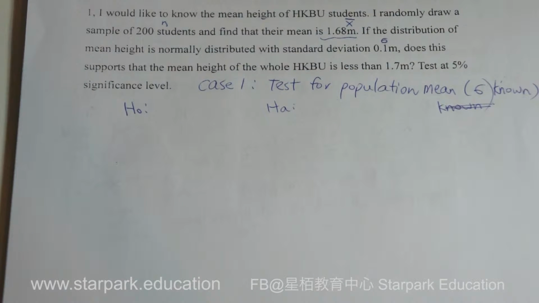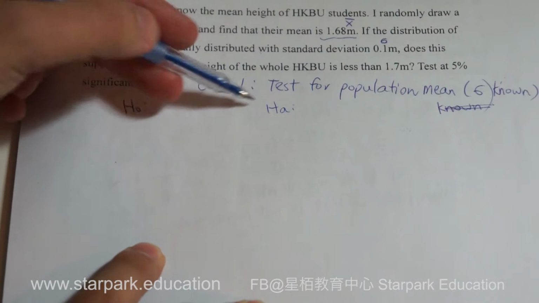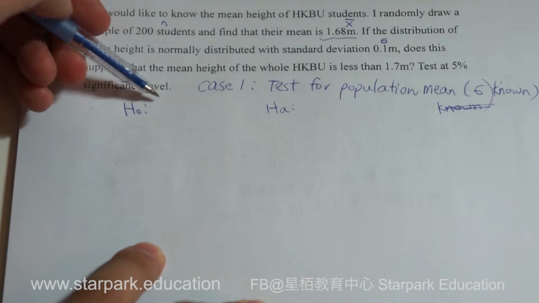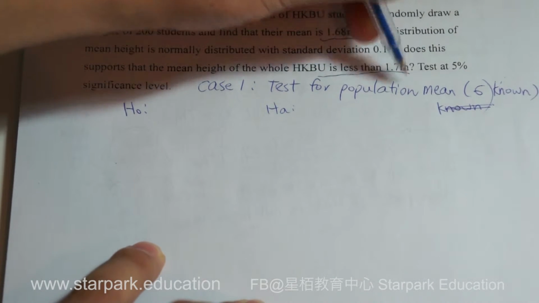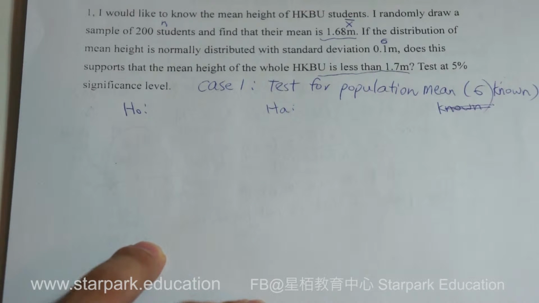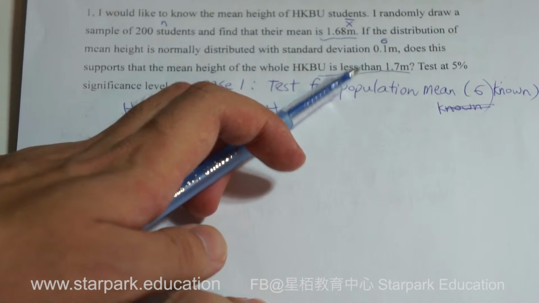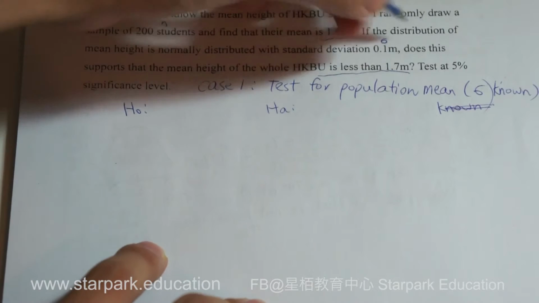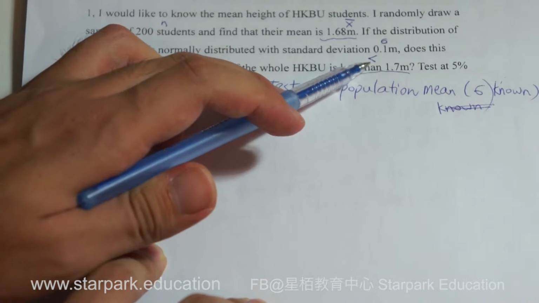So first of all, we have to set the null hypothesis and the alternative. For the null hypothesis, we have to go back to the questions. Less than 1.7 meters is the statement that we are going to test whether it is true or false. But make sure that less than does not contain any equal meaning.